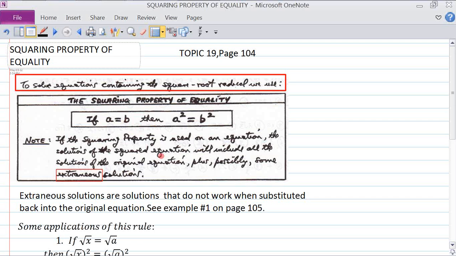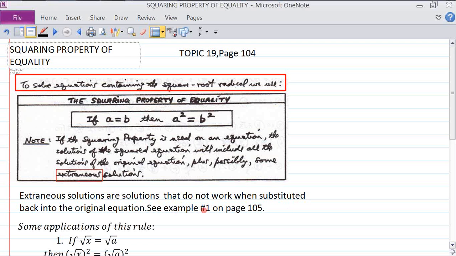If we square the right side, we get B squared. If the squaring property is used on an equation, the solutions of the squared equation will include all the solutions of the original equation plus possibly some extraneous solutions. What does that mean? Extraneous solutions are solutions that do not work when substituted back into the original equation.